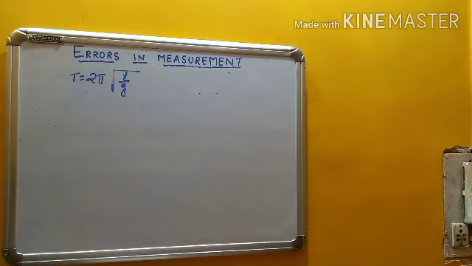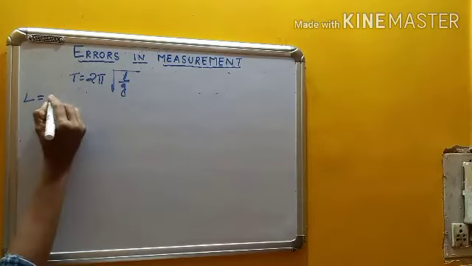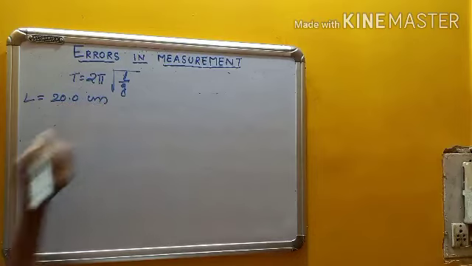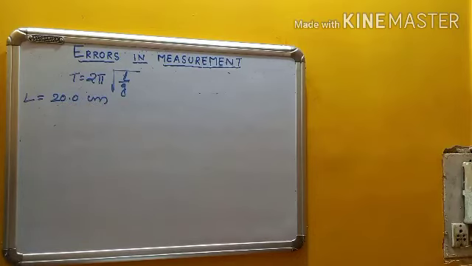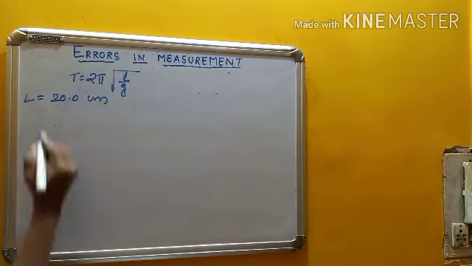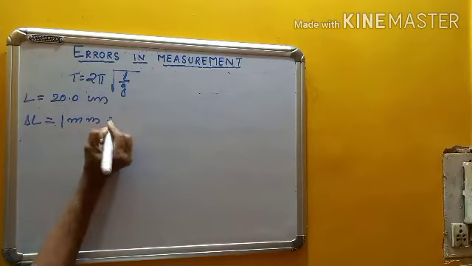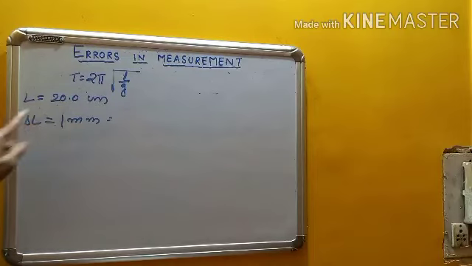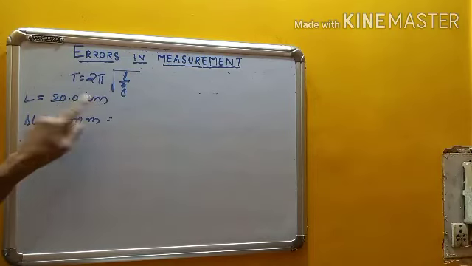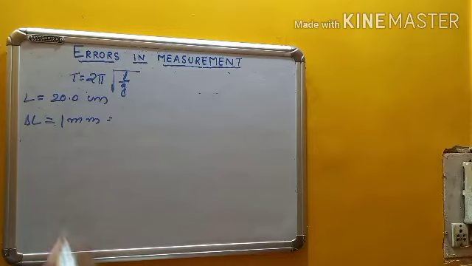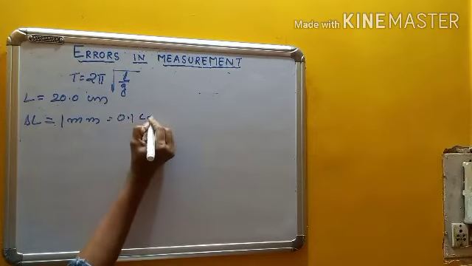The measured value of the length of the pendulum is given as 20 centimeter, and it is known to 1 millimeter accuracy, that means delta L is 1 millimeter. But children, here length is given in centimeter, so we are supposed to express delta L also in centimeter. So, 1 millimeter we can write as 0.1 centimeter.